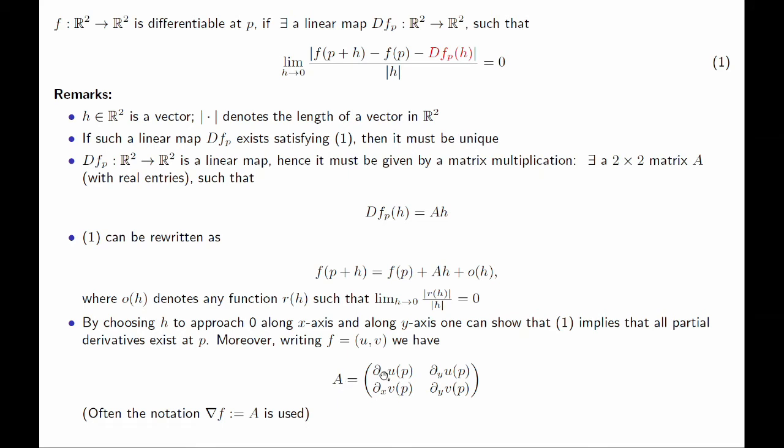So the first row becomes partial x of u, partial y of u, and the second row becomes partial x of v, partial y of v, all evaluated at the point P. And sometimes for A, the gradient notation is used. All of this is a quick review of differentiability. So now let's look at differentiability in the complex plane.